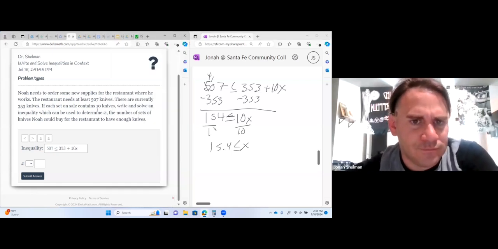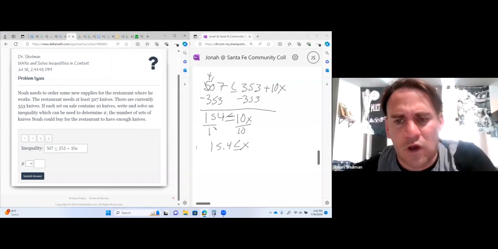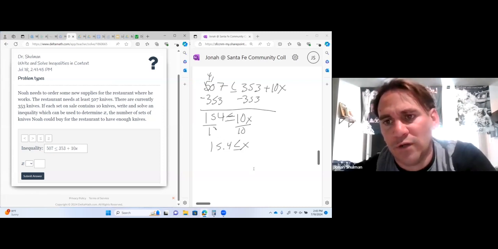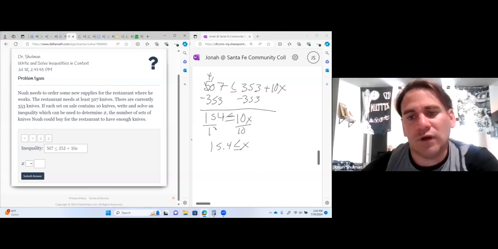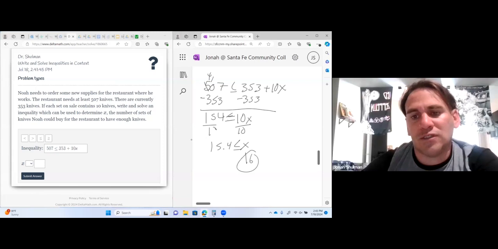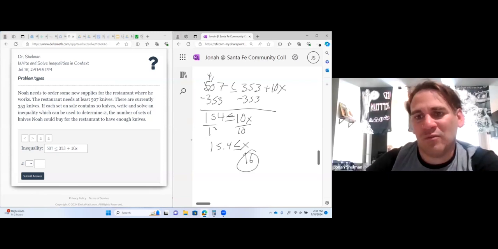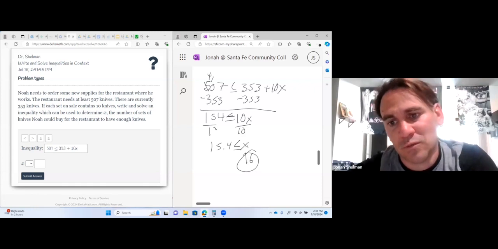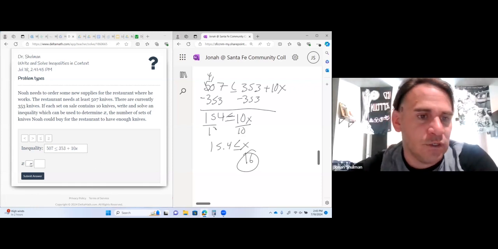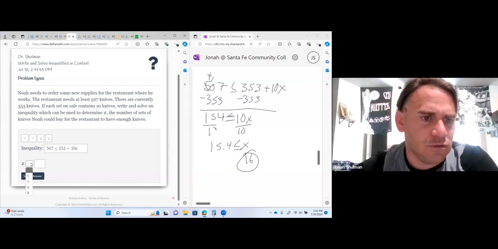All right, so the number of knife sets we can buy to have enough knives. Well, this is 15.4. So I always do this. I always have to round up in our case because we want one more set, but usually you can't buy half a set, just like there's not half a person. So usually with most of these questions, I round up. Oh, they just want the inequality answer?